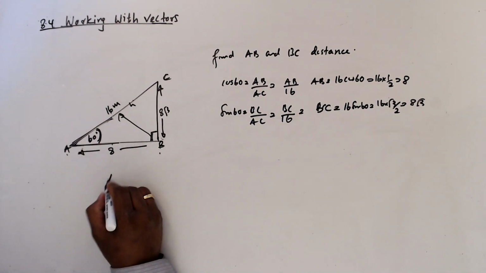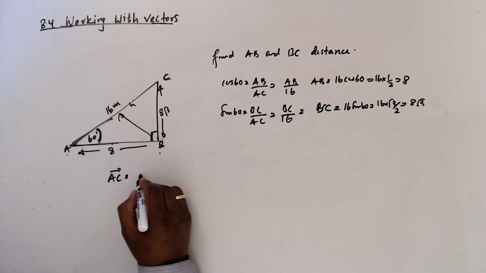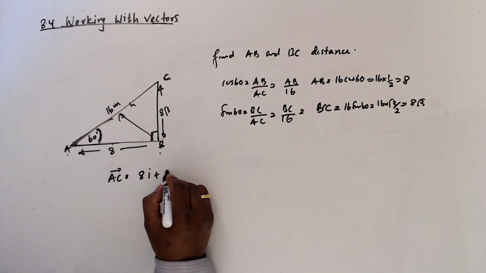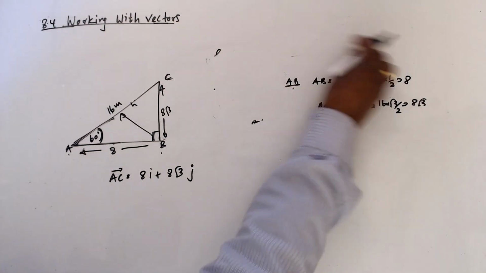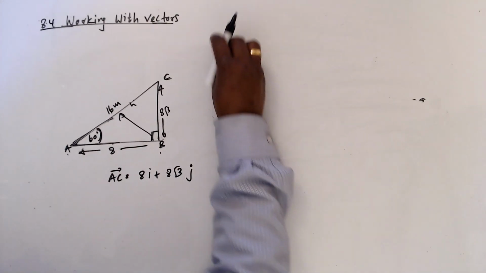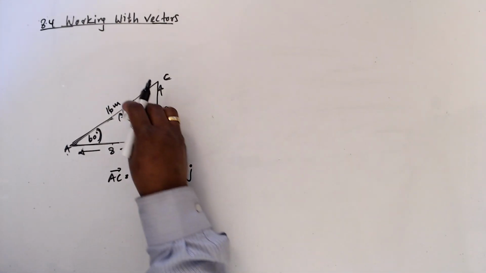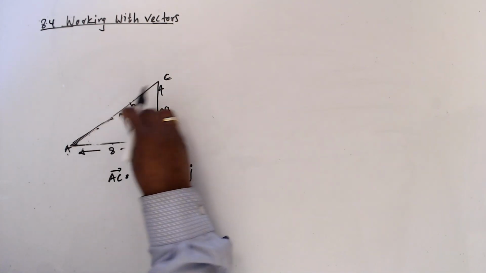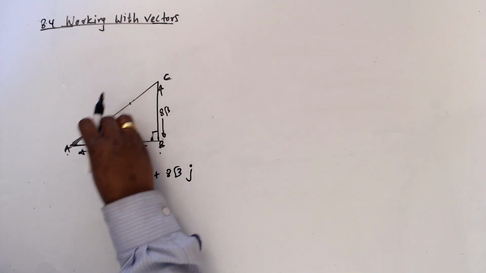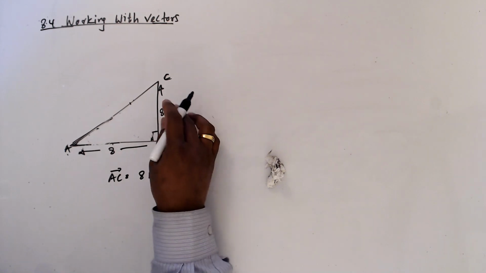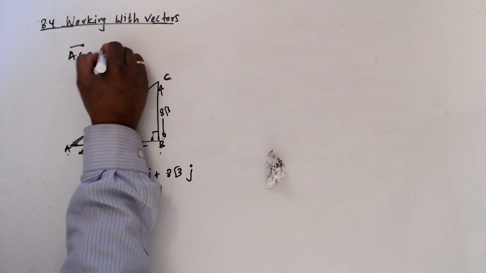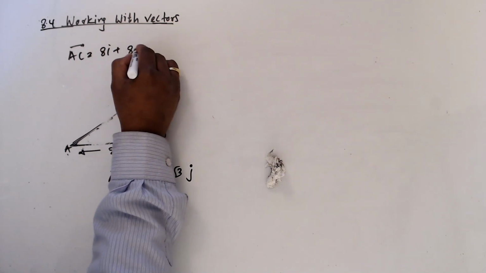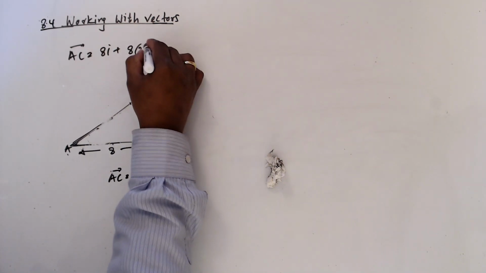Now the AC vector is given as 8i plus 8 square root 3 j.